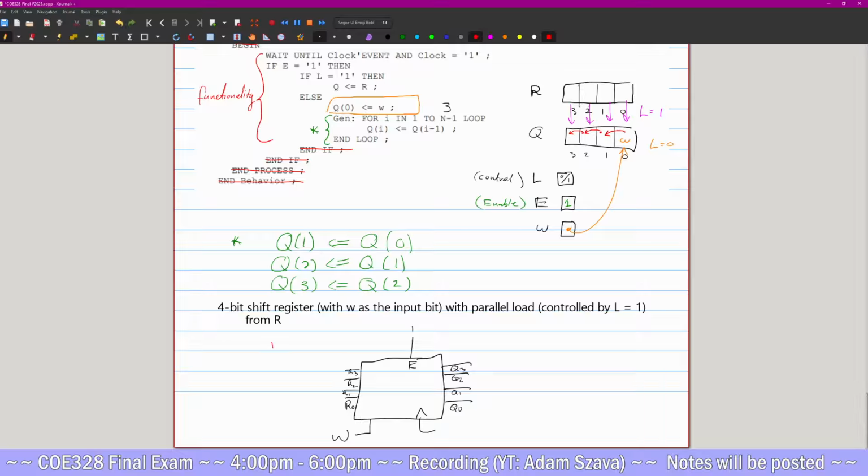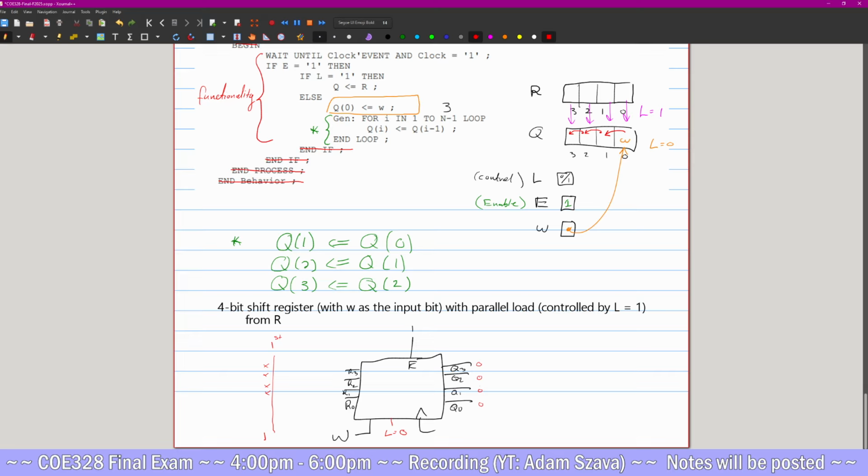So on the first clock, this is the first clock. Before the first clock, let's say I have an L as well. Let's just fix that to be 0 right now. Then we don't care about any of the values of the R's. If L is 0, we just care about W. So if W is 1, and there has to be some beginning state here, let's just say it's filled with zeros to begin with.